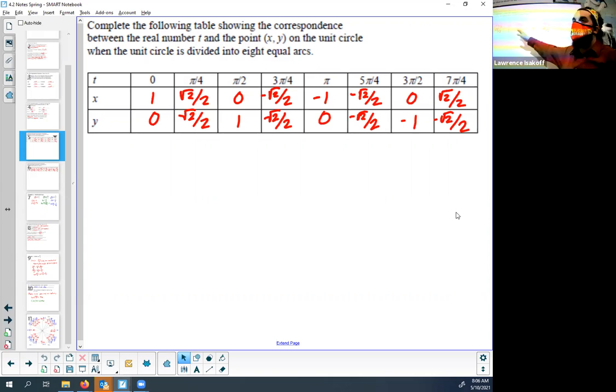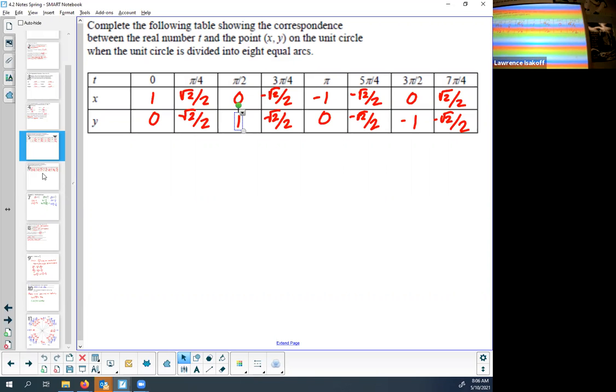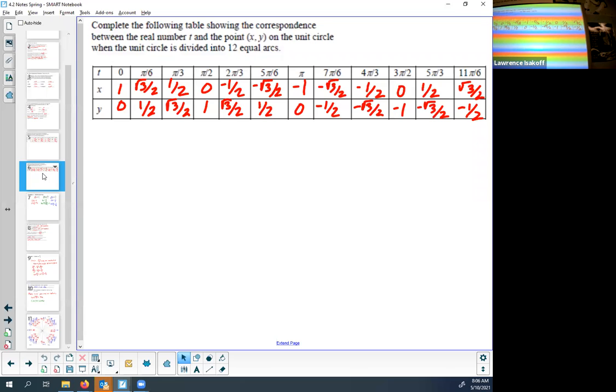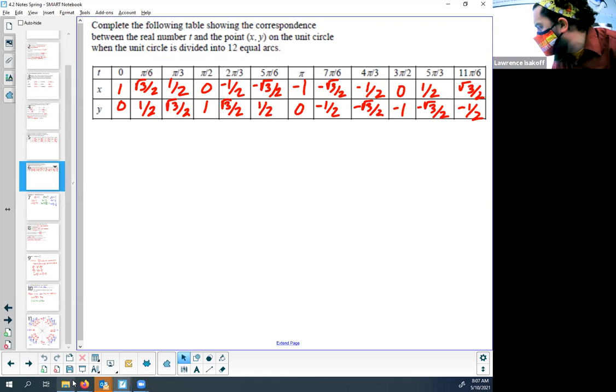If I'm at pi over 2's, that's 0, 1 or 0, -1. Over here, again, I'm not going to go with the full breakdown of it, but it corresponds to just what we were doing.